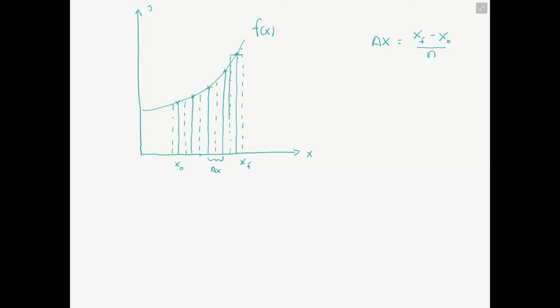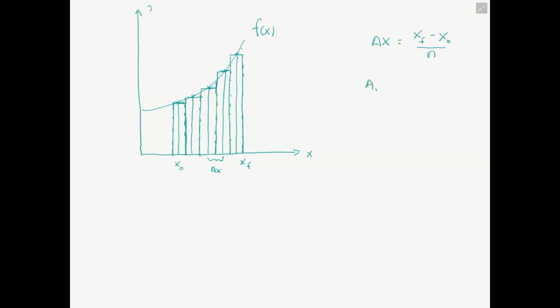And we have our rectangles like this, and right here, and right there, and right there.